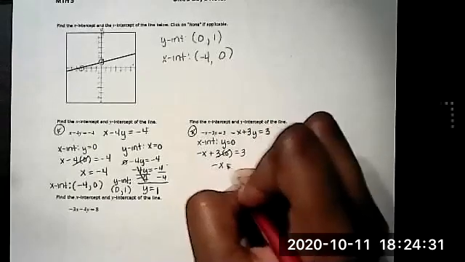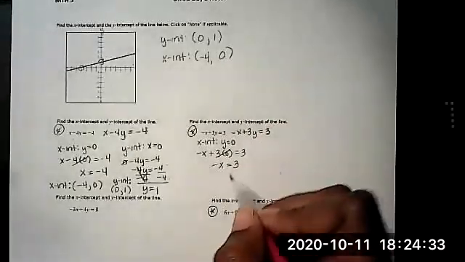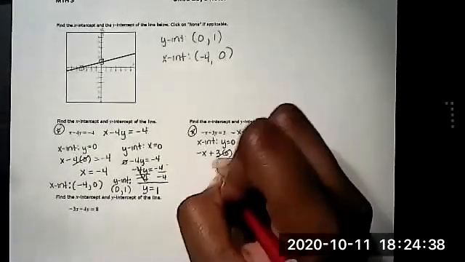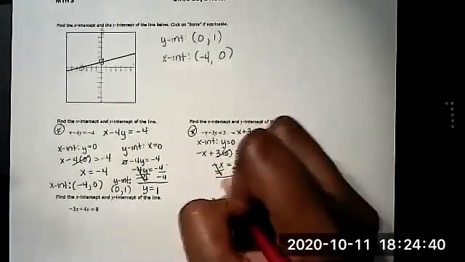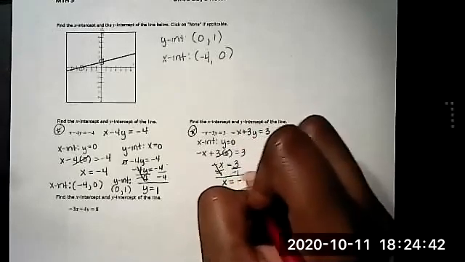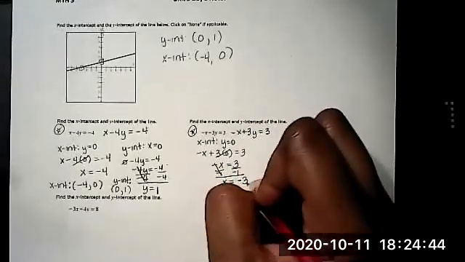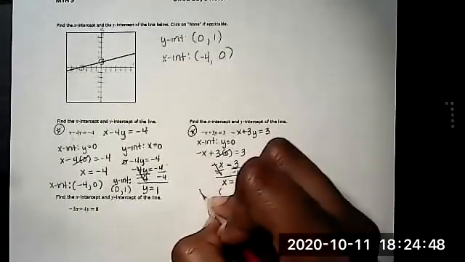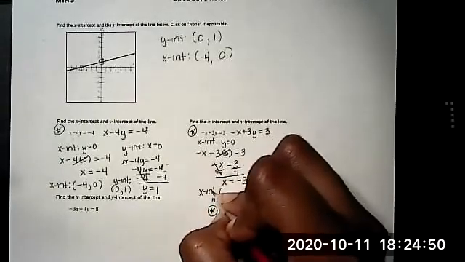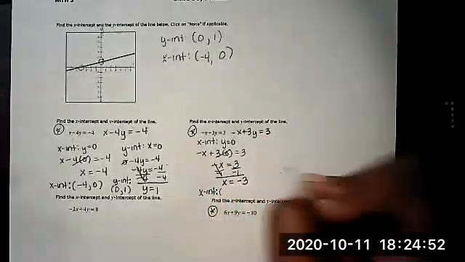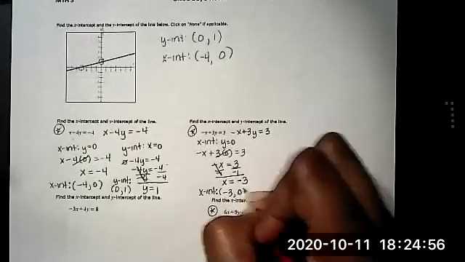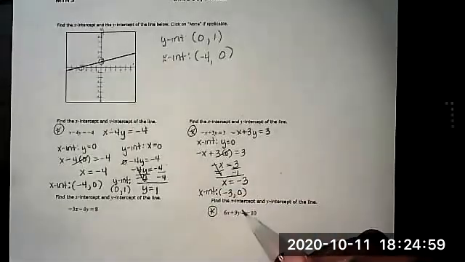So -X is equal to positive 3. In this situation, you divide by -1 because it's a negative X. X is going to be equal to -3, because 3 divided by -1 is -3. So for your X-intercept, it depends, like I said, on Alex. They might just say -3 is the answer, but the point would be (-3, 0). Y is always 0 for X-intercept.